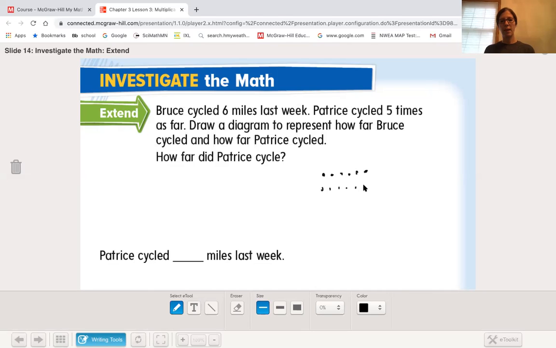counters. I have 6 once, 6 twice, 6 3 times, 6 4 times, and 6 5 times. And you're probably also thinking in your head, what is 6 times 5?